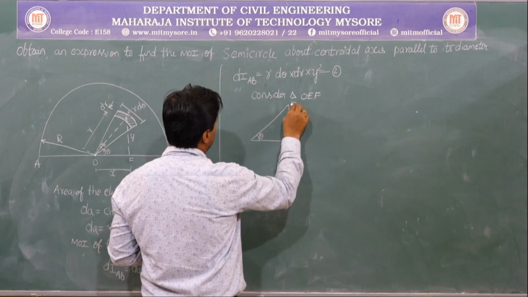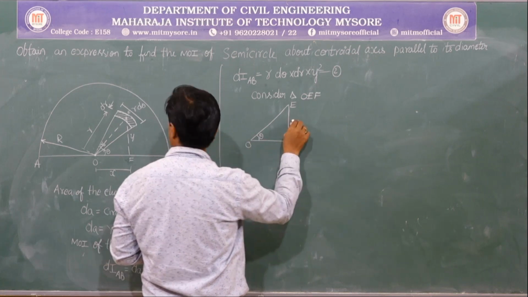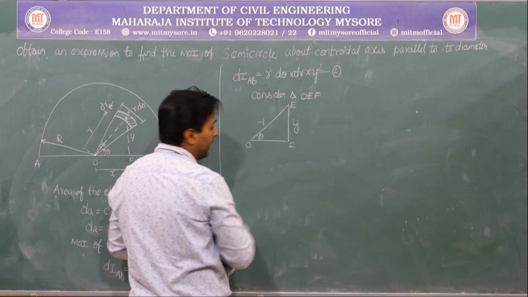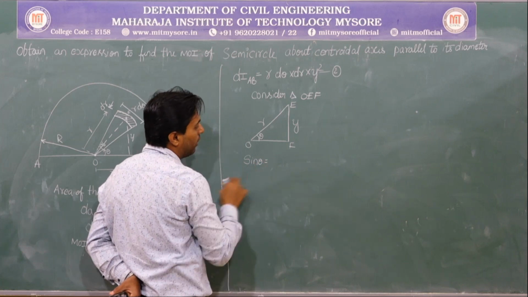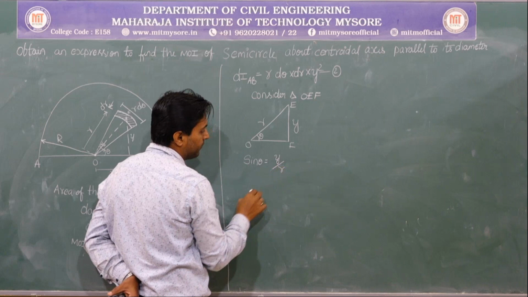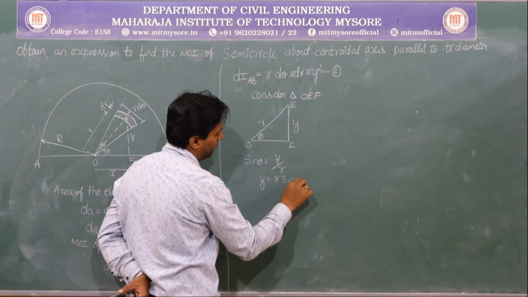This is point E, this is F, this is point O, this is y, and this is hypotenuse r. Let me apply sin theta. Sin theta is equal to opposite by hypotenuse, y by r. Or else can I say y is equal to r into sin theta?